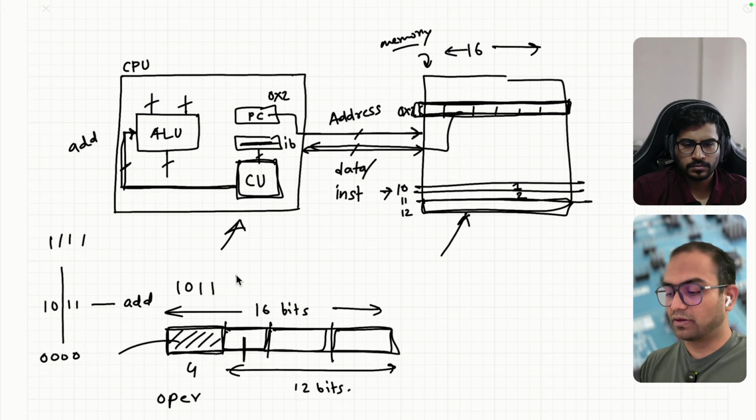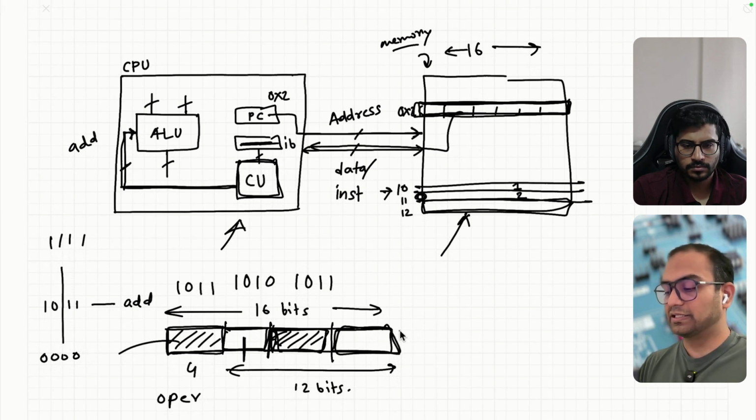So this would become 1010 for 10, and then this set of 4 bits would convey the second operand, that was 11, so that would become 1011, and then the answer needs to be written back to the 12th, so that would be something like so.